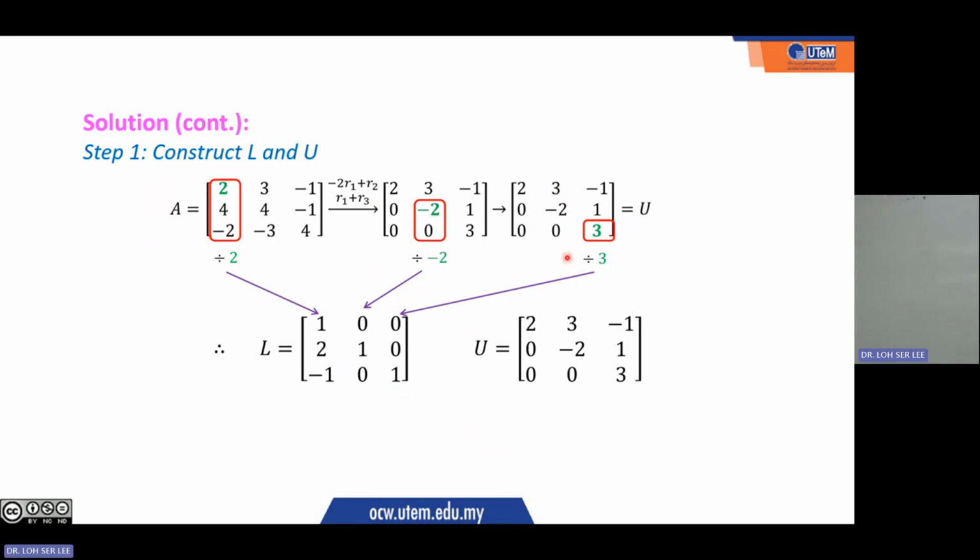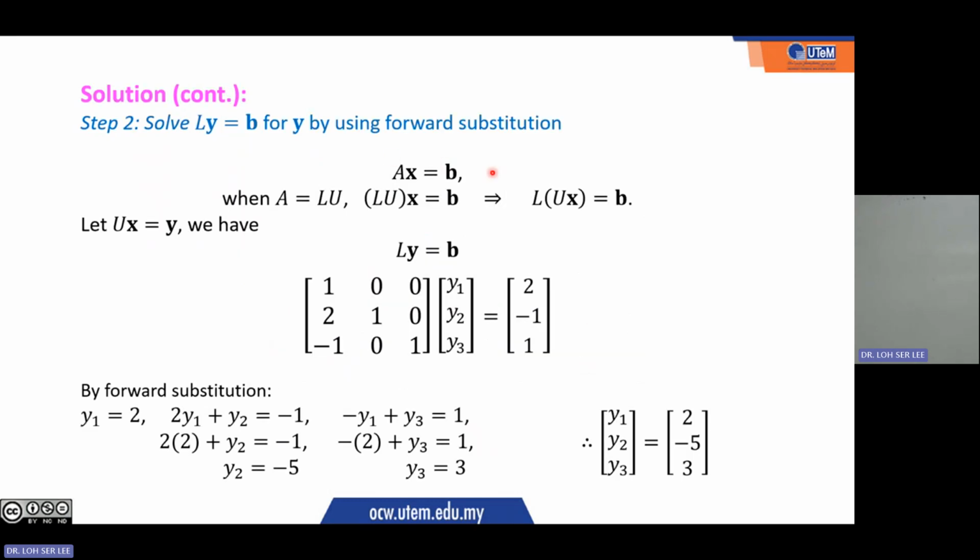This is your U. After decomposing A into L and U, you need to write this out. AX equals to B. Since A is LU, we have LUX equals to B. Then we let UX be Y. This UX, maybe write in this form, we give a bracket.